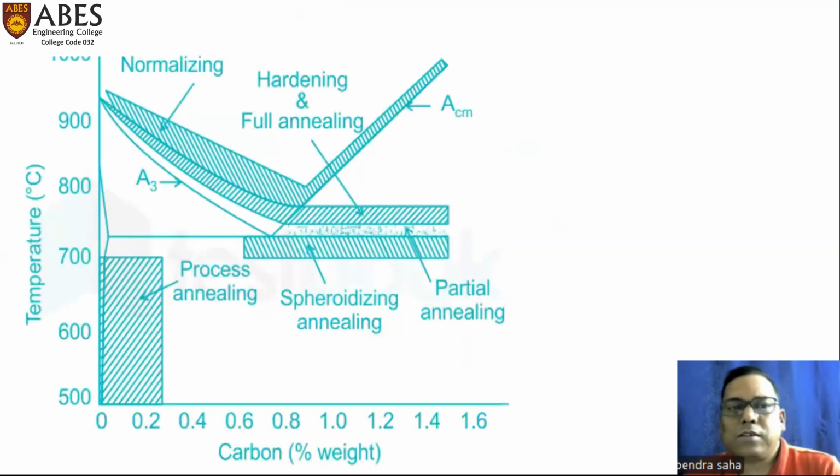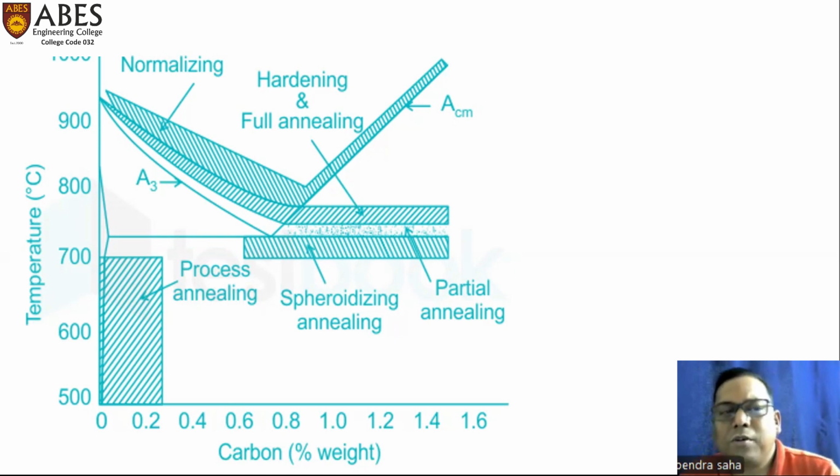This is a very interesting diagram through which we can easily understand the heat treatment process. It is basically the iron-carbon diagram. In this figure we can see 700 degrees centigrade. Just above it is the AC1 temperature, near 723 degrees centigrade.